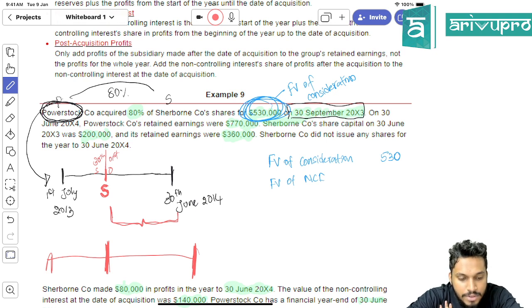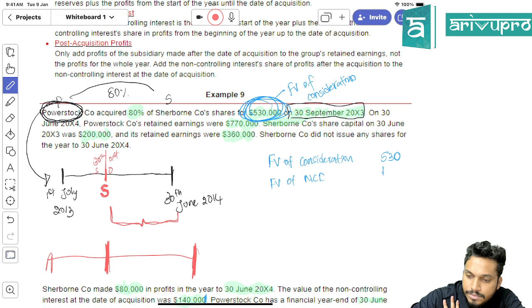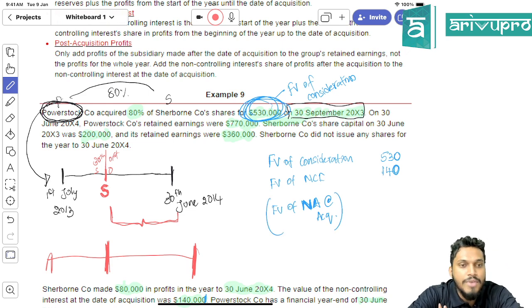What is the fair value of non-controlling interest? 140,000. That is also provided to us. What is the next thing? Fair value of net assets at acquisition. So at acquisition, what is your fair value?